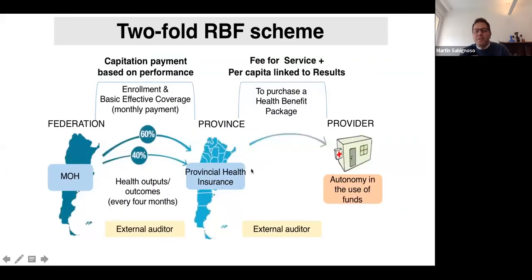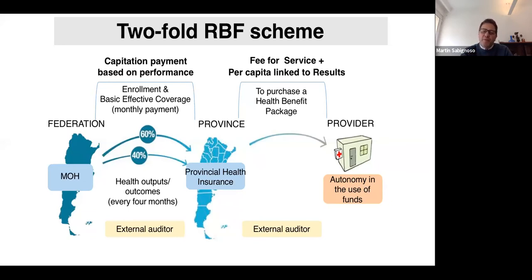And here you can see the twofold RBF mechanism. We have 2 relationships. The first one is between the federation and the provinces. In this case, the national government uses a capitation payment linked to results. 60% of this per capita payment is transferred every month, and it is linked to the enrollment of the target population, but at the same time to confirming that each enrolled beneficiary has received at least 1 preventive service in the last 12 months.